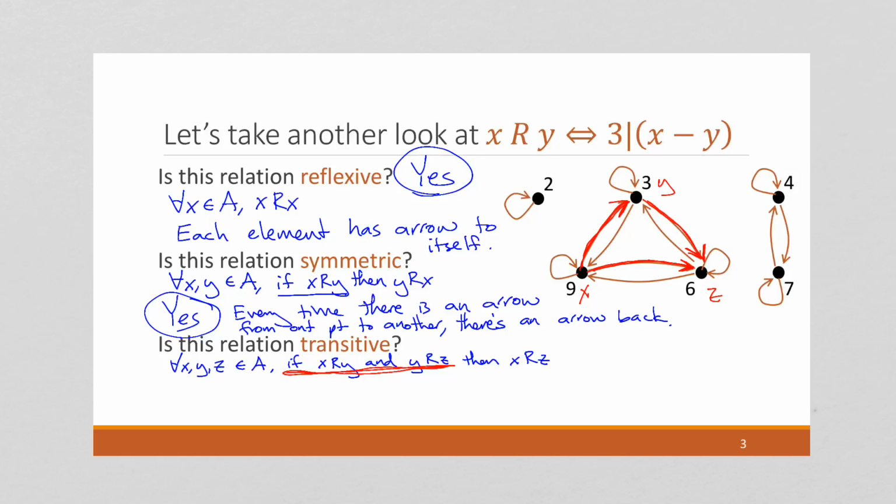See that? In fact, this is the case everywhere in the graph. Even if you isolate the 2 variable, well, if that's x, y, and z, then 2 is related to 2, and 2 is related to 2, so 2 is related to 2. So any of these chains, it's going to work. An easier way to think about it is that this only comes into effect when we look at sets of 3. So in fact, this is a transitive relation.